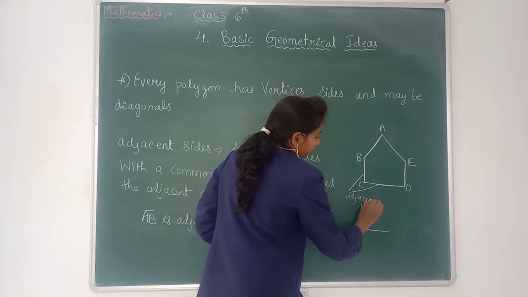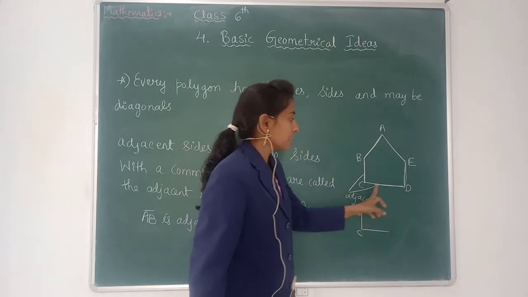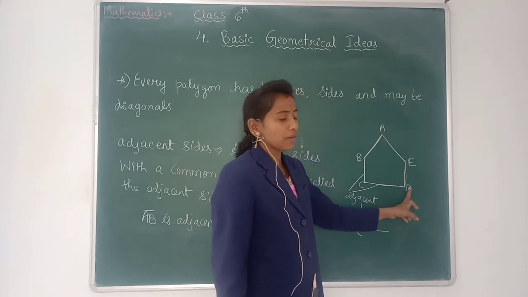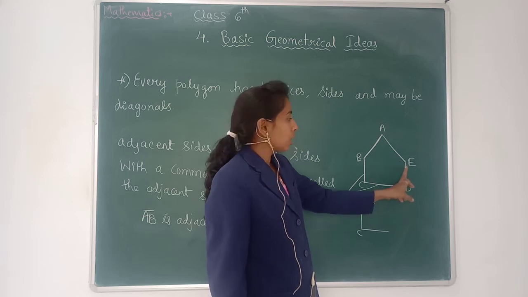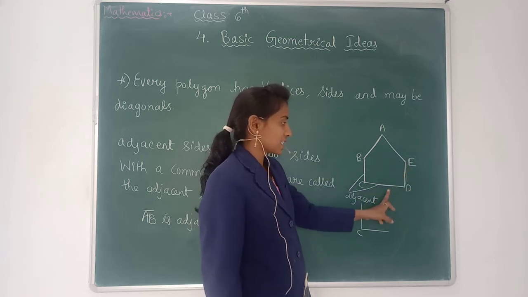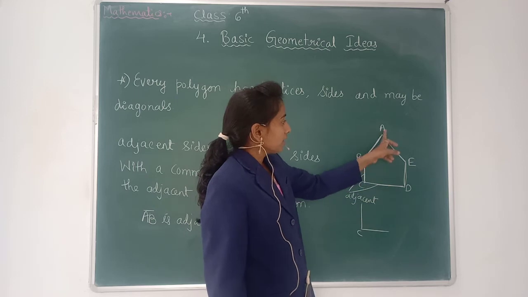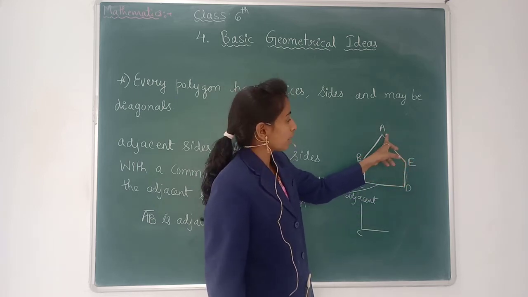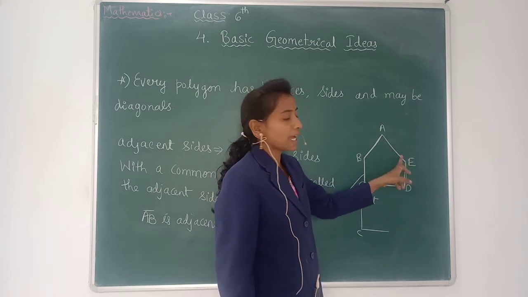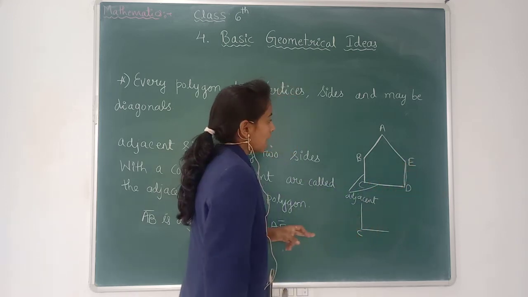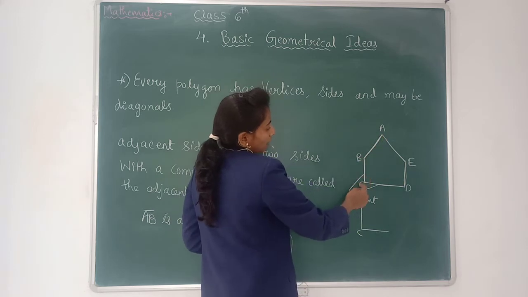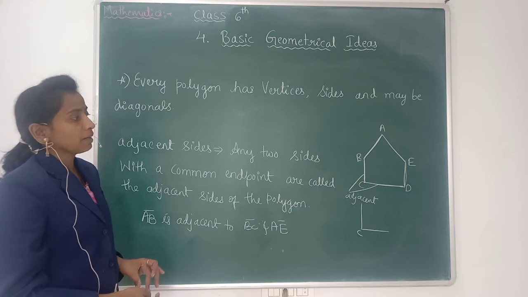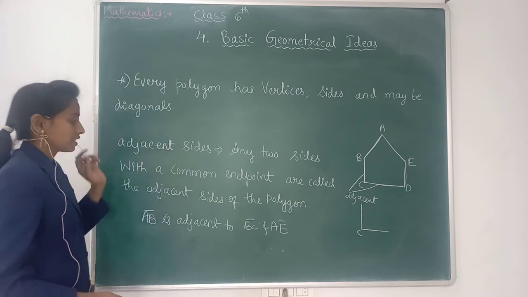Adjacent sides. Again this CD and DE end at point D. Here they have a common point D. So these two we call adjacent sides. Again AE and DE have a common point E. So AE and DE we call adjacent sides. Also see AB and BC have a common point B, which means AB and BC are called adjacent sides.